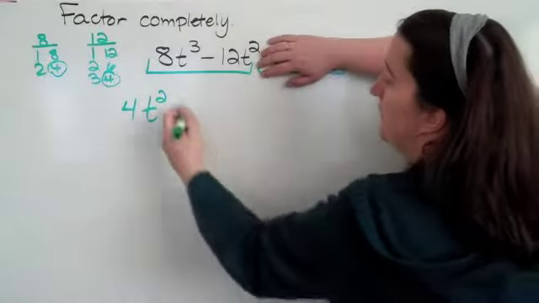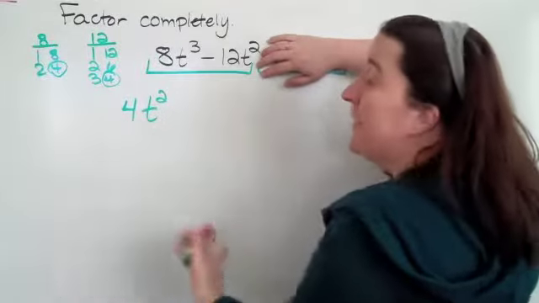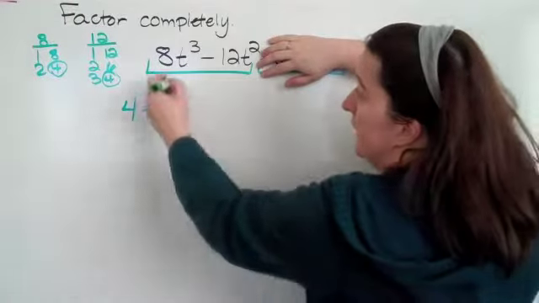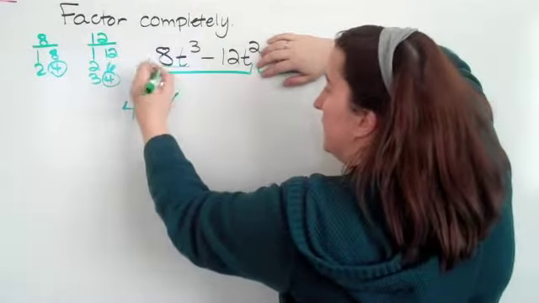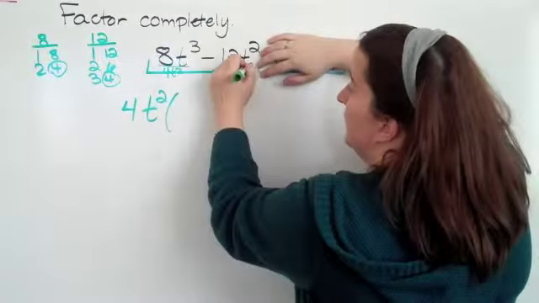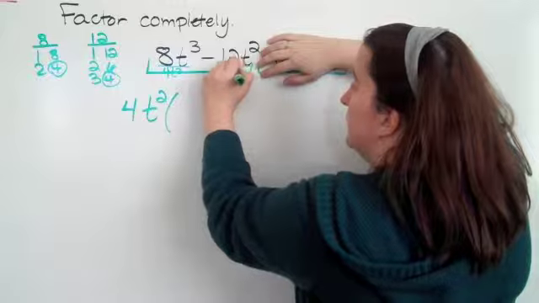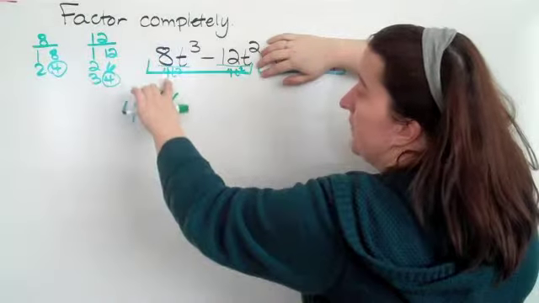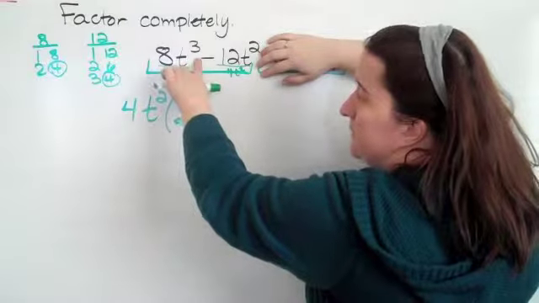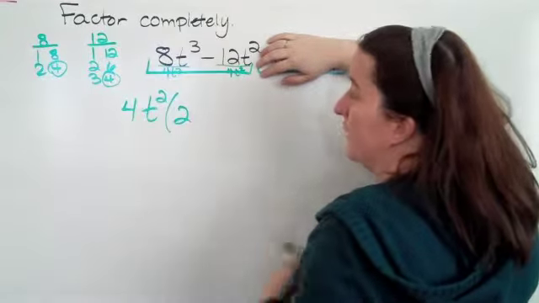Okay, so going back to my problem, I'm going to divide this out of every single term. So I make my parentheses, and I'm dividing this by 4t squared, and I'm going to be dividing this one by 4t squared. So 8 divided by 4 is 2. There's 3 t's on top of this fraction, and 2 I'm taking away or dividing out.